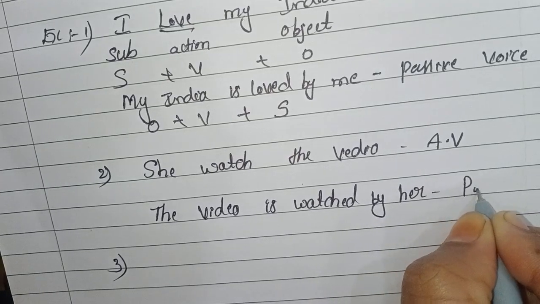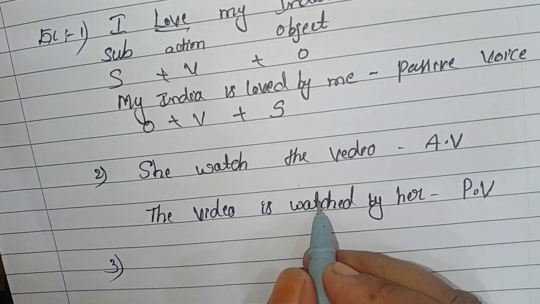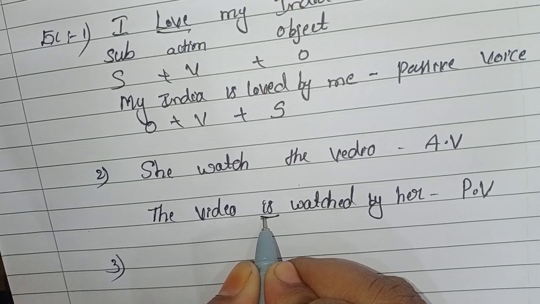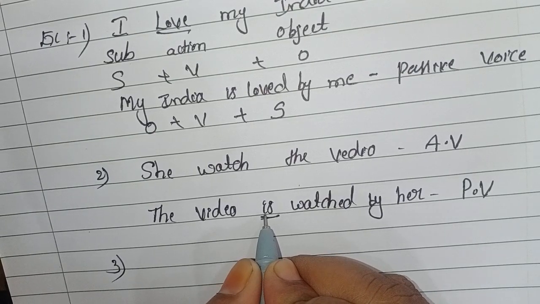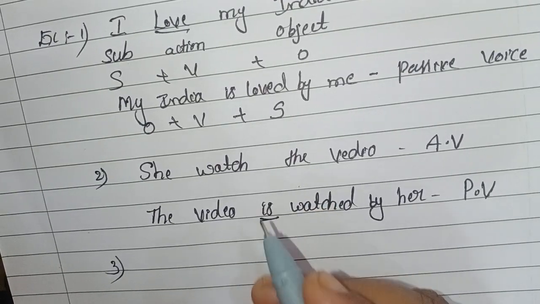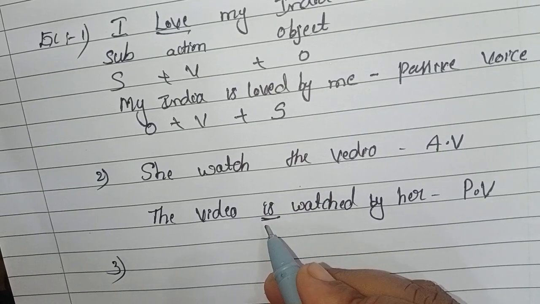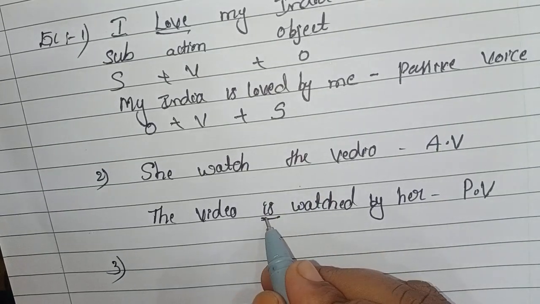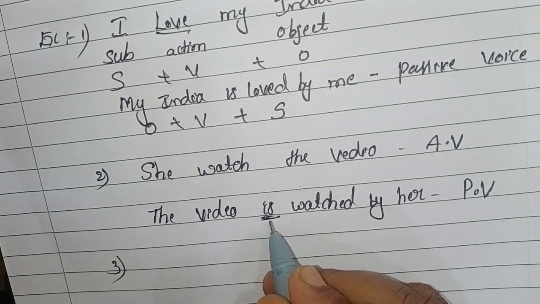This is the passive voice form of this sentence. Here we are using some helping verbs also. When we change the active voice into passive voice, we take the help of auxiliary verbs or helping verbs.